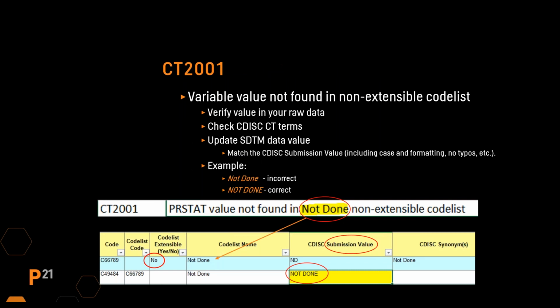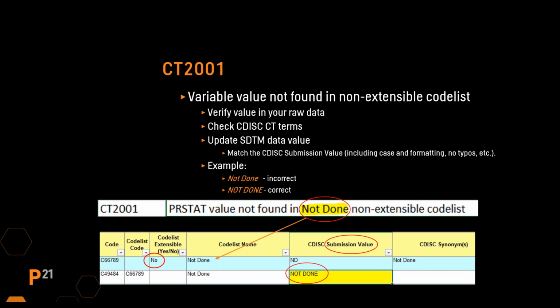So CT2001, this is checking for variable value not found in non-extensible code list. So again, non-extensible means that terms should not be added to the code list. The expectation would be that the sponsors would only use the published list of terms.